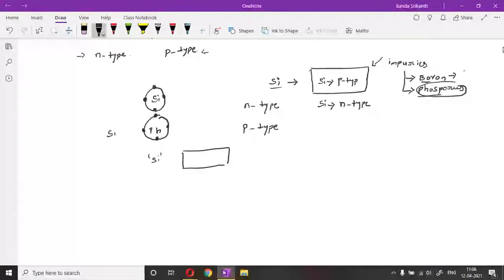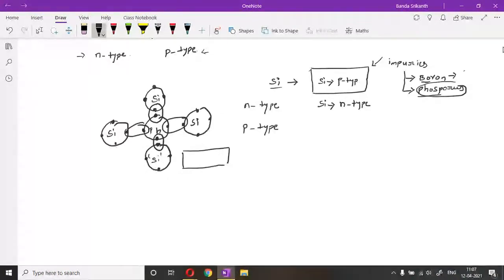Then another silicon atom is here, which has 4 valence electrons, and here silicon has 4 valence electrons, and another silicon atom will bond with the neighbor electrons like this. I think you might have studied this in intermediate physics, but just for recapitulation I am explaining. So they are fixed once they are joined.